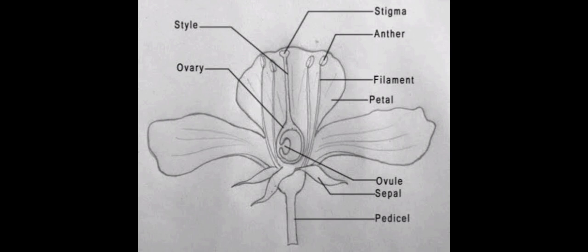So flamboyant flower undergoes a kind of placentation called marginal placentation. Then if you are asked, placentation is the arrangement of the ovules within the ovary. Okay, the arrangement of the ovules within the ovary.